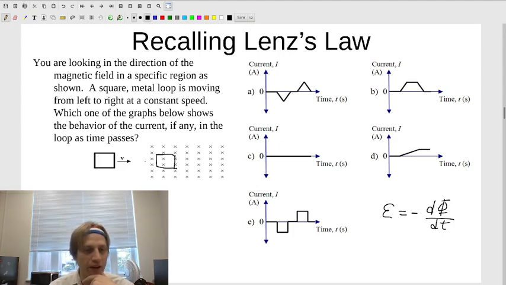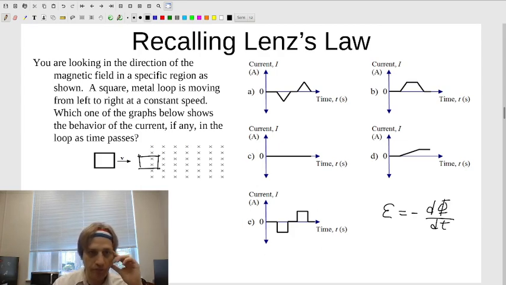Okay? So effectively, as this loop is entering on one side, it's going to have a magnetic field induced that's pointing out of the page. So the I would be like this. Here, this is the I direction of the current. Here the current would be 0. And then as I go out of the magnetic field, the magnetic flux is decreasing.